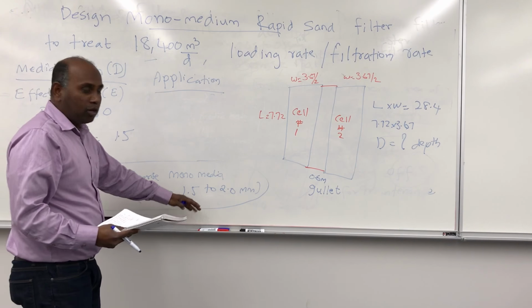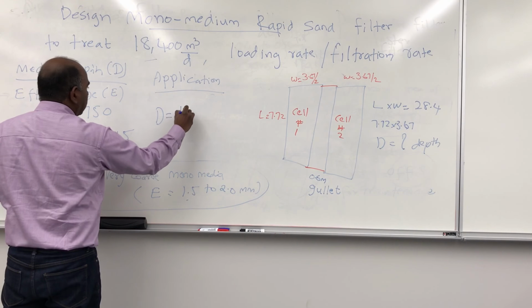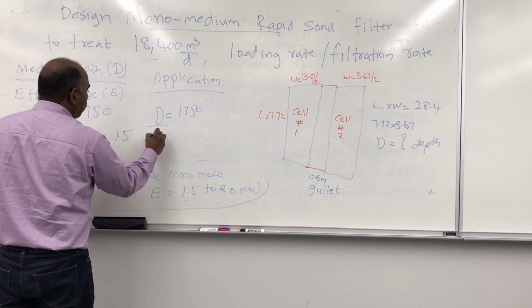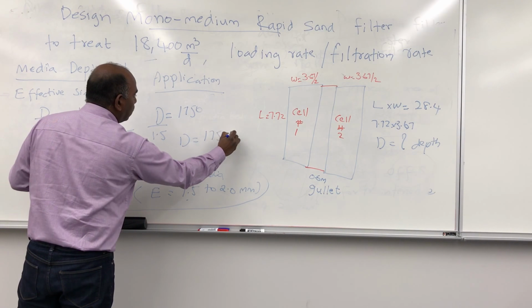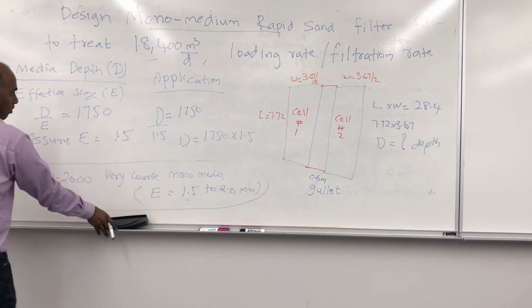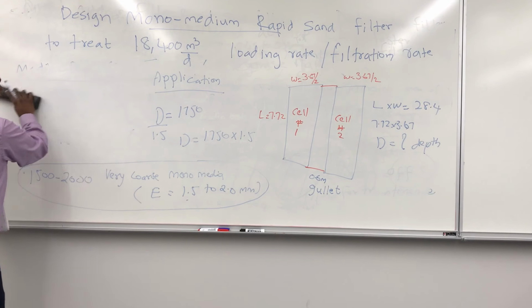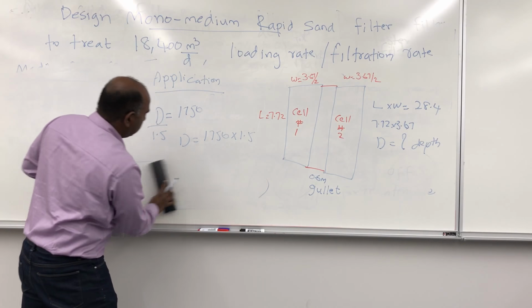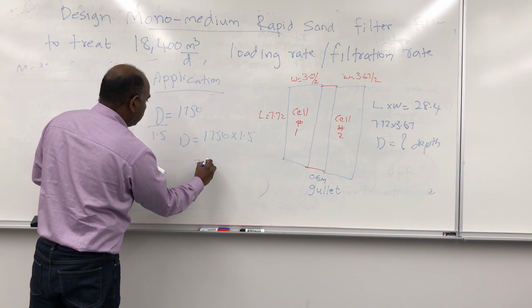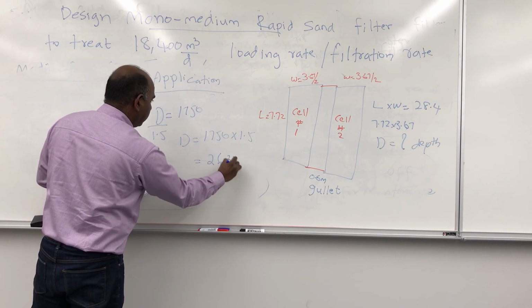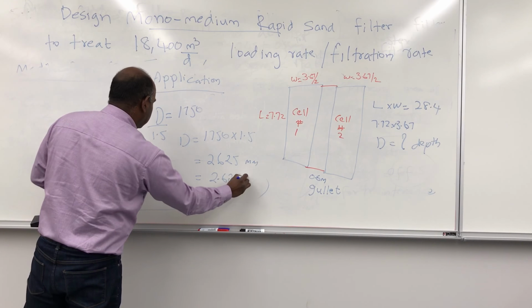I'm assuming the lowest possible one. So depth D equal to 1750 times 1.5. So depth equal to 2625 millimeters or 2.625 meters.